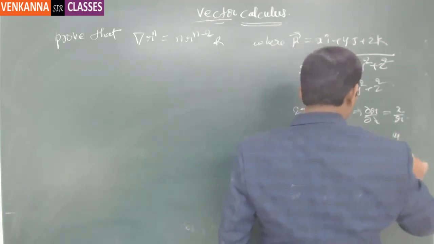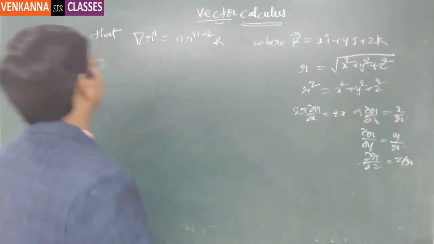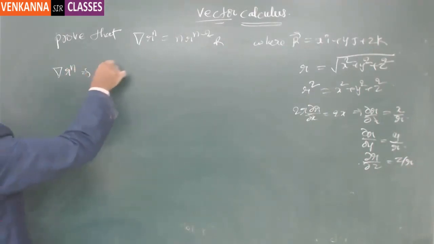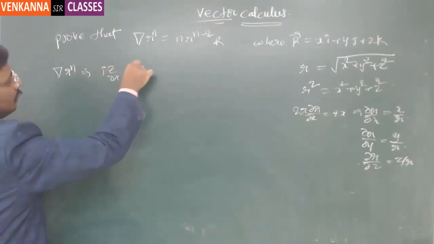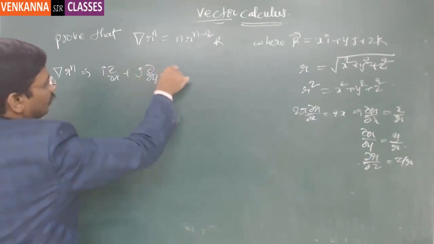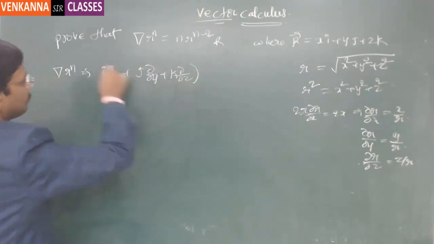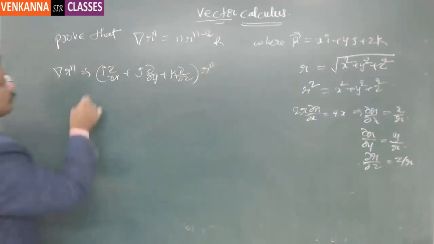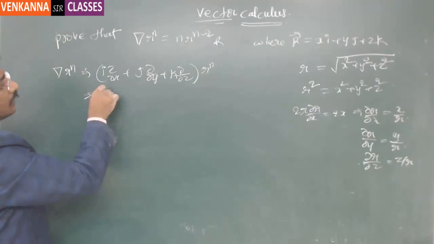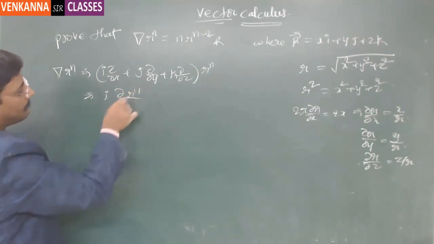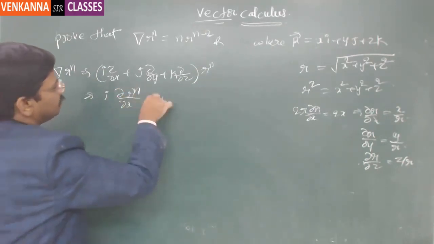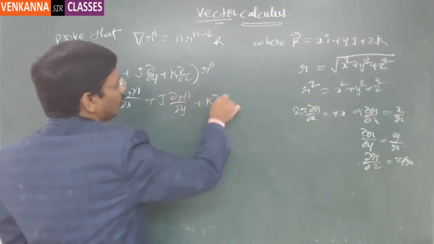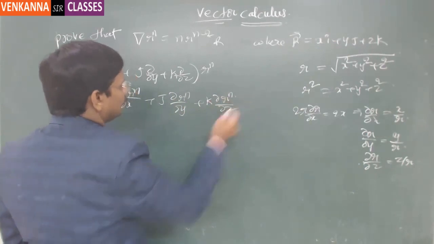Now here, if you apply del on this, del r power n is nothing but i dou by dou x plus j dou by dou y plus k dou by dou z getting multiplied with r power n. So if you apply on this, i times dou r power n by dou x plus j times dou r power n by dou y plus k dou r power n by dou z.